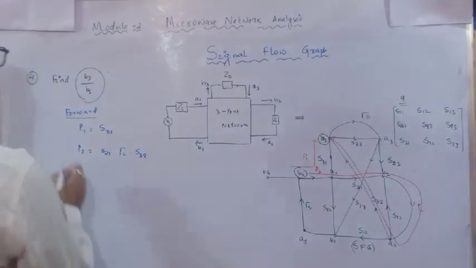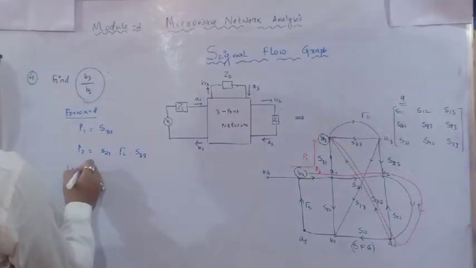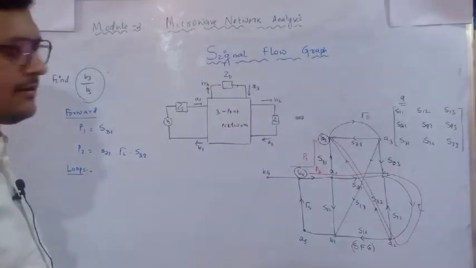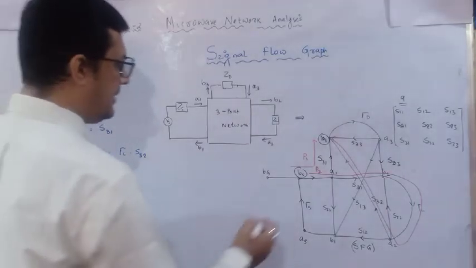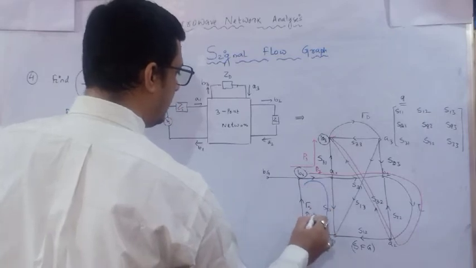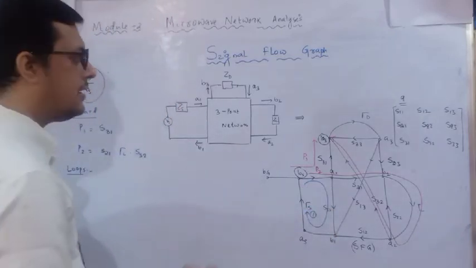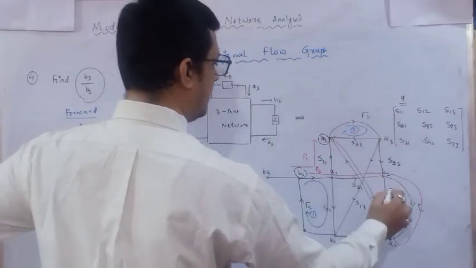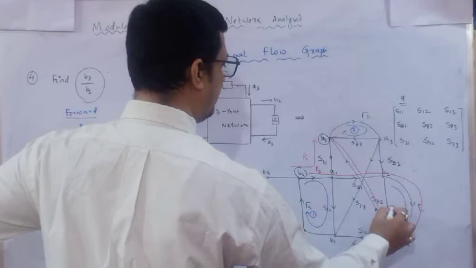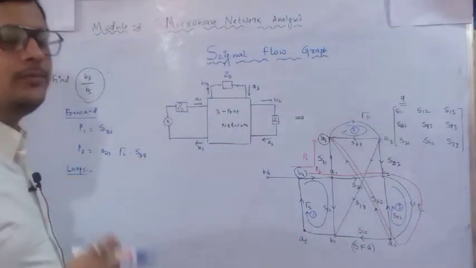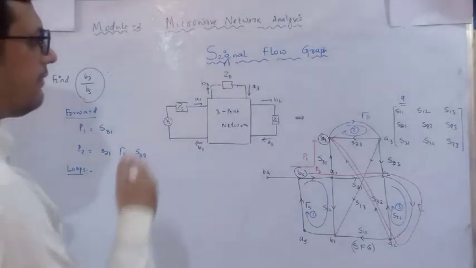Then next we have to identify the loops. How many loops are there? That we have to see. First, you can see that this is one loop. This is loop 2. Now this is loop 3. Like this, there are a total of 8 loops. I will write all those down, then we will represent it.